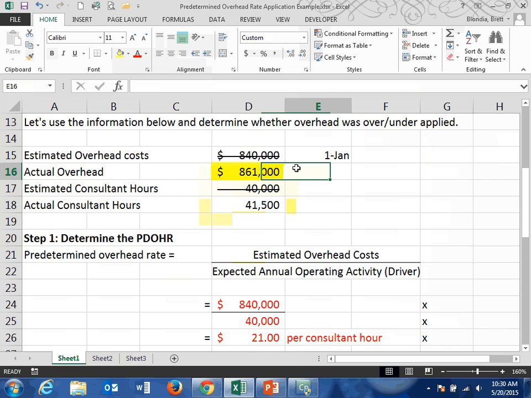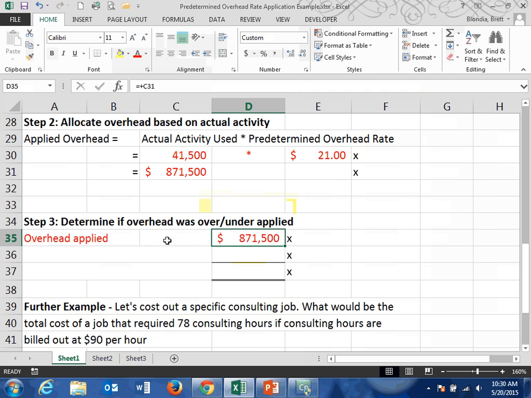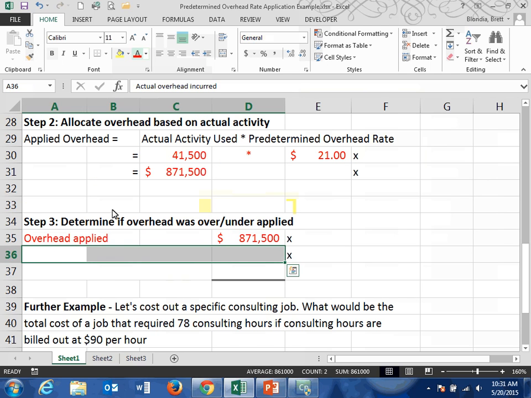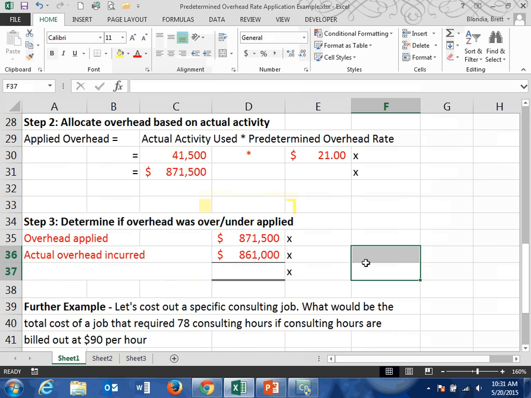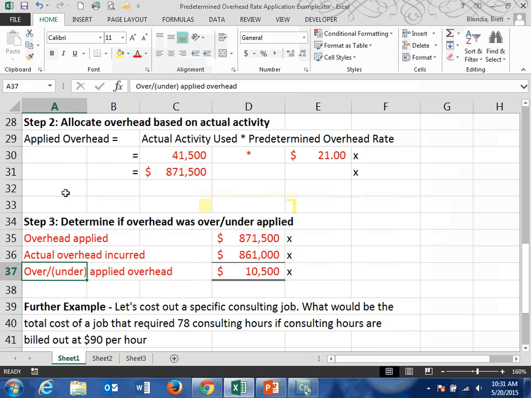Those are my actual real costs. In this case, we applied 871,000, but we only incurred real costs of 861. So we applied more than we incurred, and therefore we are over applied by $10,500.